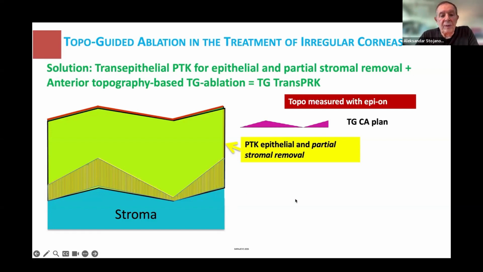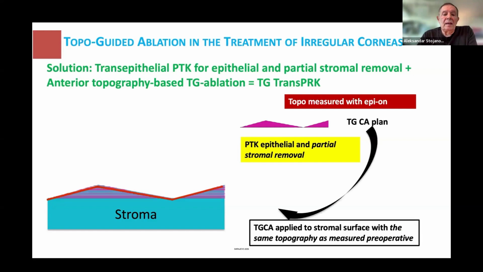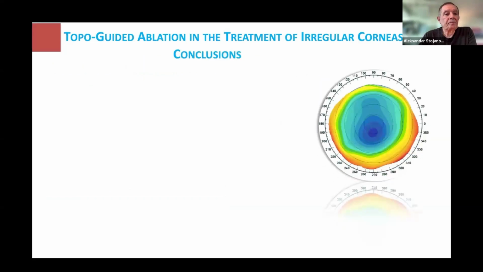So when all this is removed with transepithelial PTK, we will get stroma that resembles the landscape of the cornea with the epithelium on. And when we apply our topo-guided custom ablation plan based on topography as measured preoperatively, we will, at least in theory, get the totally regularized cornea.